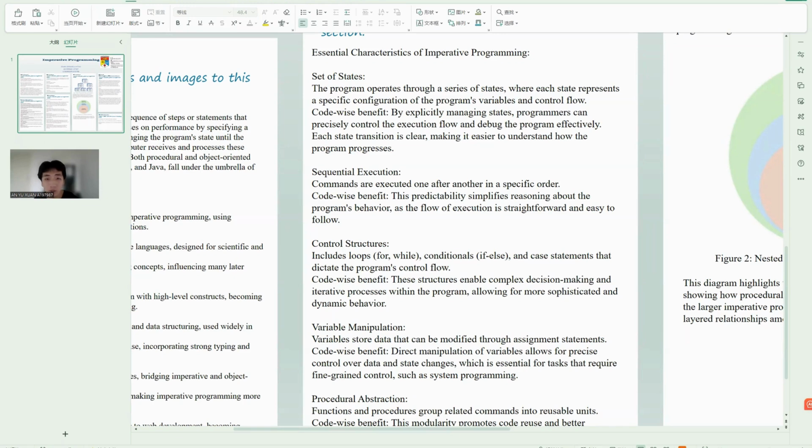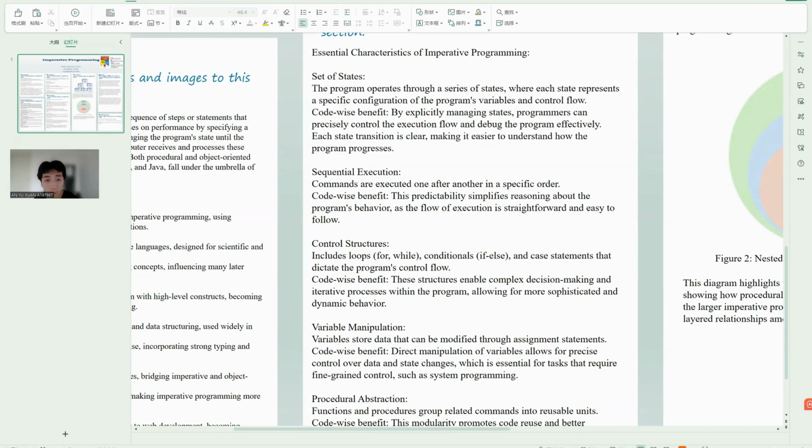Sequential execution: commands are executed one after another in a specific order. Its benefit: this predictability simplifies reasoning about the program's behavior, as the flow of execution is straightforward and easy to follow.